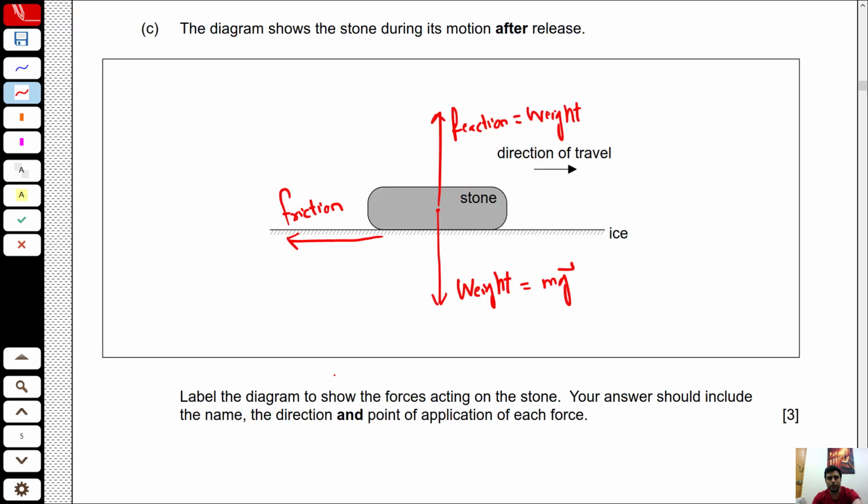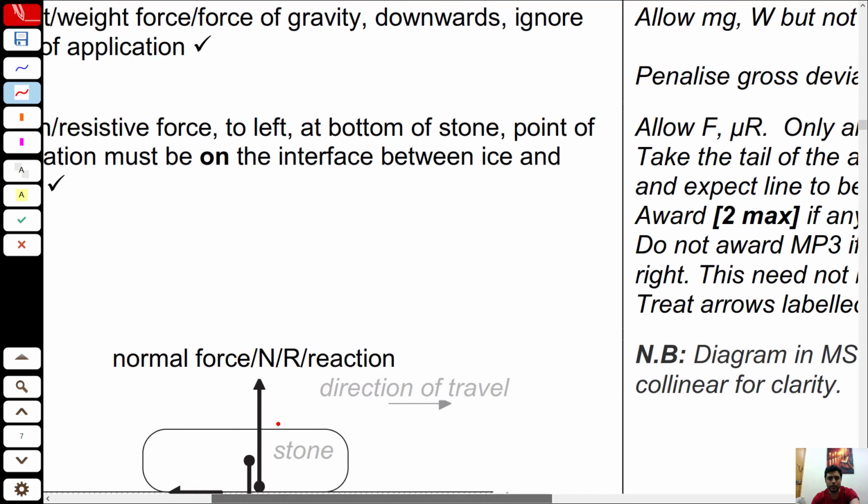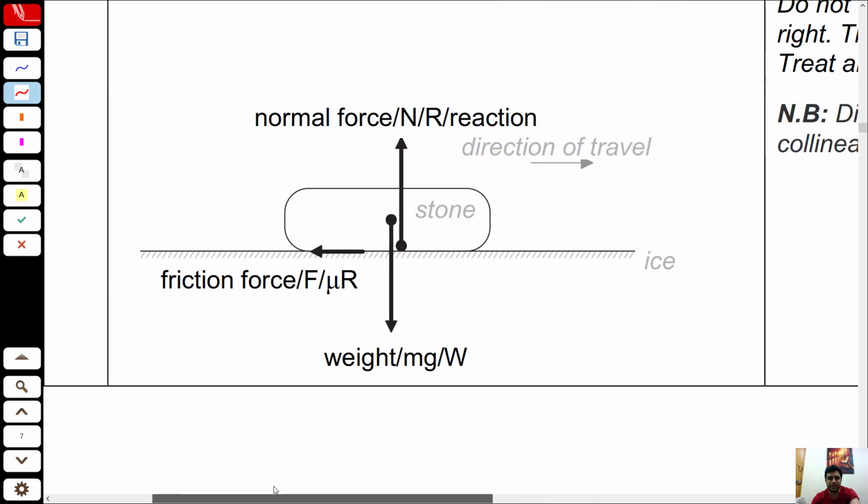So just a thought, because you have to include the point of application, just be careful with it. The weight always acts from the center of the mass. So you can see this is a body and the approximate center point of the body is this one.